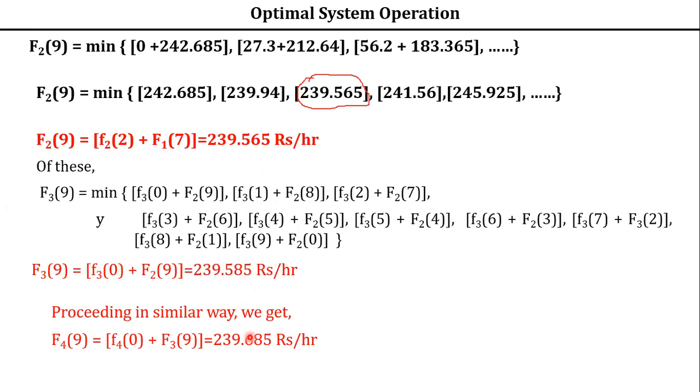Among these four combinations, which one has got the minimum value? F3 of 9 is this one, F4 of 9 is this one.